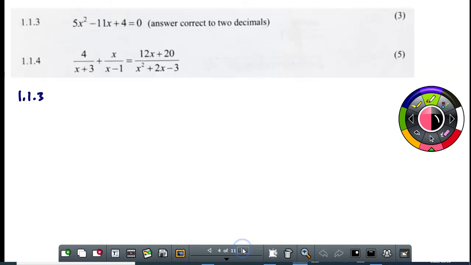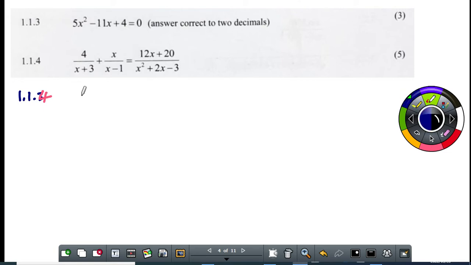Right? Then 1.1.4. Now, because we have got fractions there, the first thing which must come into your head is LCD. But the denominator on the right hand side is not factorized, so we have to factorize that denominator in order to determine the LCD. Okay?